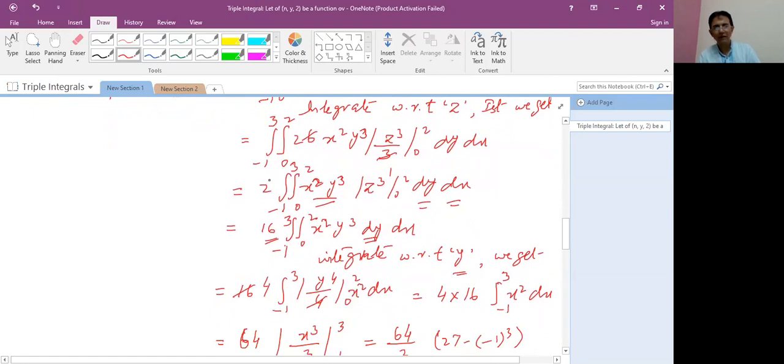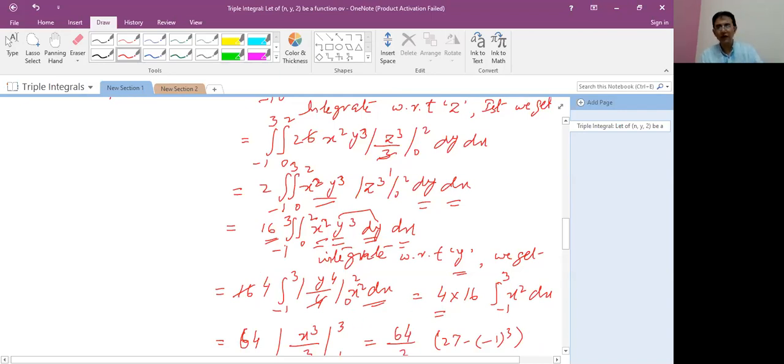When we integrate y cubed dy, it is y to the 4 upon 4, x squared kept fixed, and dx as it is. So we integrate and divide by the constant term, 4 into 4, 4 for the 16. So we will write here 4. And when we apply the upper limit and the lower limit, the answer is 16. So 16, 4 into 64.